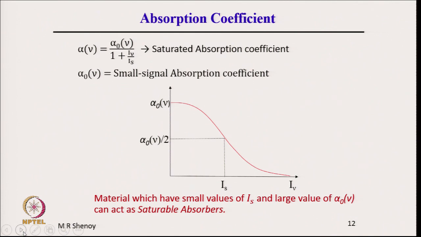So, let us see this a little bit more. Alpha of nu, this absorption coefficient, is a saturated absorption coefficient with the numerator called the small signal absorption coefficient. What is the meaning of this and what is its importance? If you consider a material, then this material is characterized by a sigma of nu at a given frequency, it has a cross section and a saturation intensity I_s.